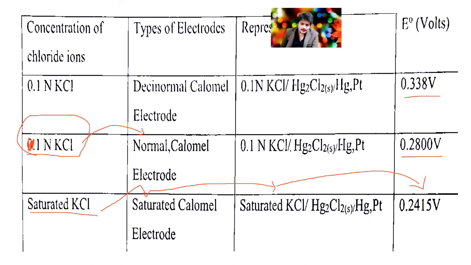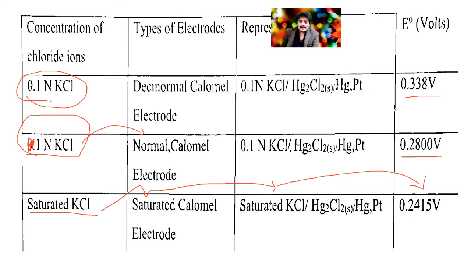These standard reduction potential values are very important from the examination point of view. These questions will be asked in the bits. What is the standard reduction potential value of the decinormal calomel electrode?